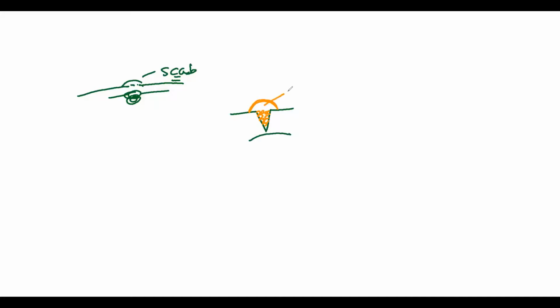This scab protects the skin until it is reformed again, or repaired, in other words. But we do not give the skin a time. We only scratch it. Let's go now to chapter 10, which is about diseases and immunity.